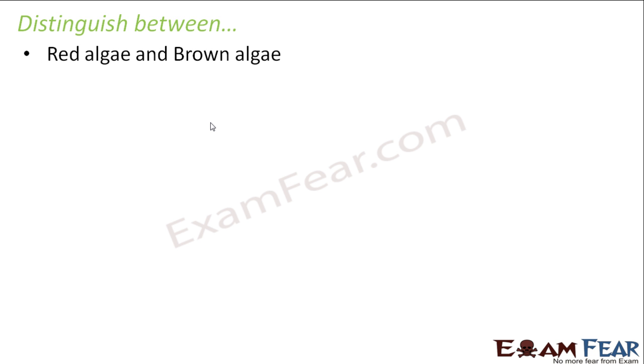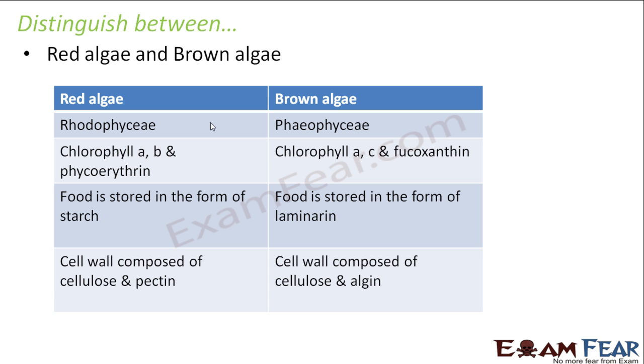Okay. Again, let us look at some distinction between red algae and brown algae. So many important differences. Red algae are known as rhodophyceae, brown algae phaeophyceae. Why are they red? Due to the presence of chlorophyll A, B and phycoerythrin. Phycoerythrin is in greater amounts. Brown algae is brown due to chlorophyll A, C and fucoxanthin.